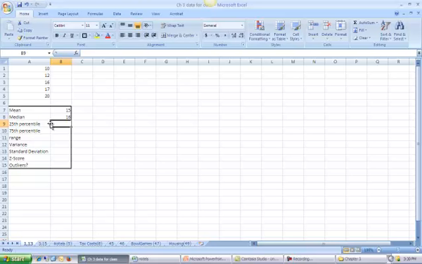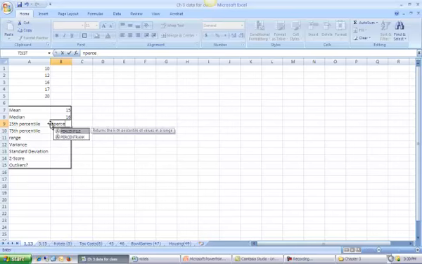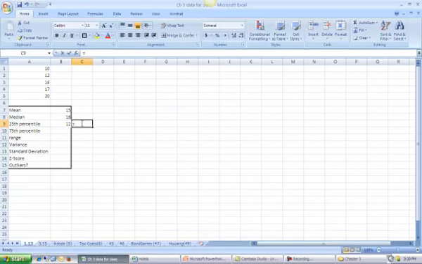So I can say equals PERCENTILE, open that up, highlight my data, comma 0.25, and that tells me that my 25th percentile is 12. Alternatively, I can do that same calculation using the quartile notation, because the 25th percentile is the first quartile.